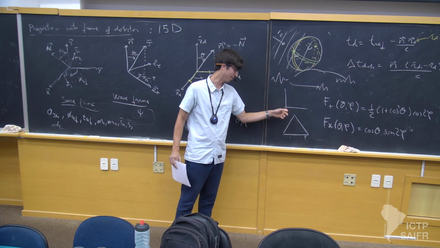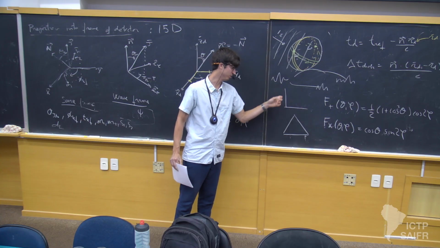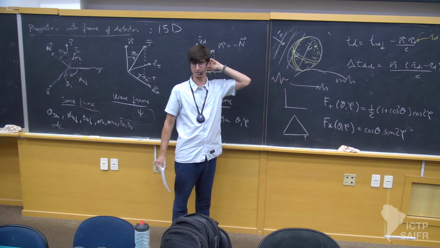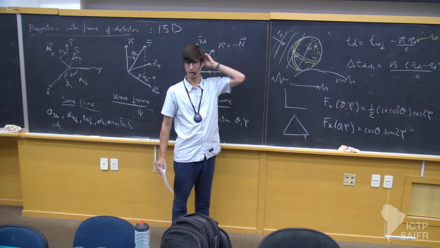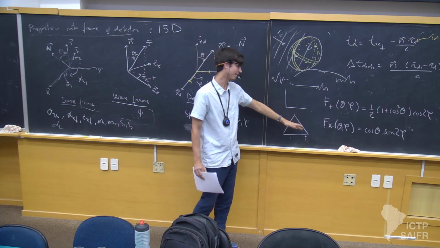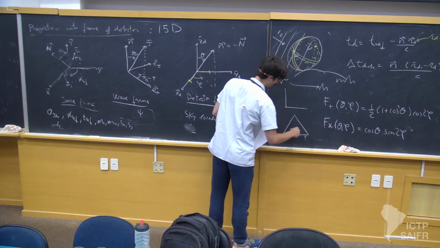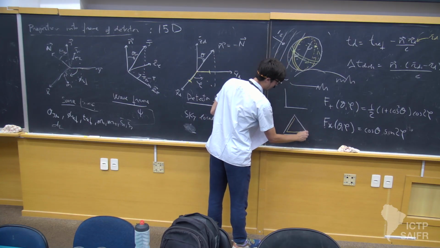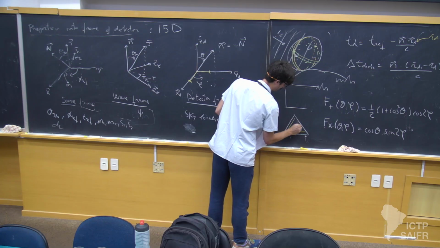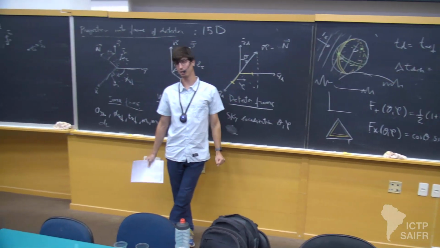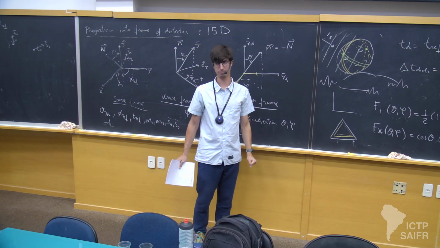So instead of an interferometer which is an L, you have a triangle, and this has different properties. In fact, this can effectively behave as two Ls. But yes, the antenna pattern depends on the shape of the detector.